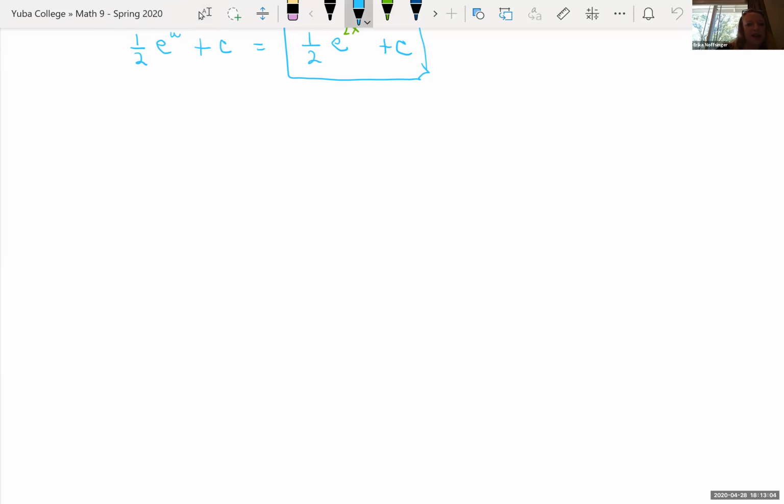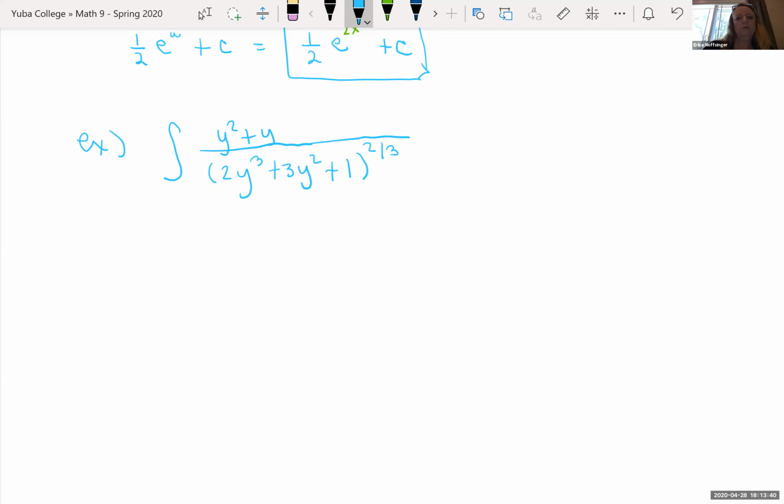Okay, so we're going to go back and look at some more examples. So let's look at the case maybe where we have y squared plus y in the numerator, all over parentheses 2y cubed plus 3y squared plus 1, all raised to the 2/3 power, dy.